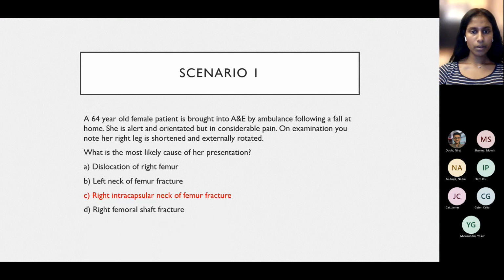Exactly, yep. Good. Are there any other patient demographics here that are making you think it's more likely a neck of femur fracture? Older, fantastic, for the age. Great, Celia.